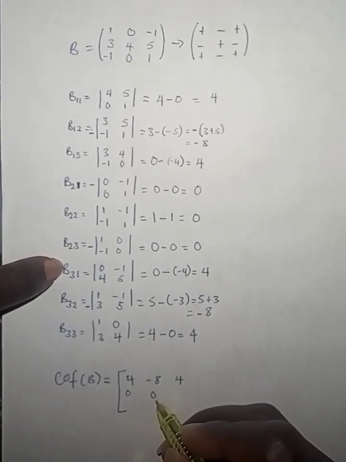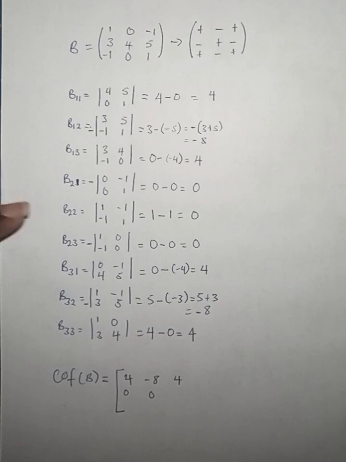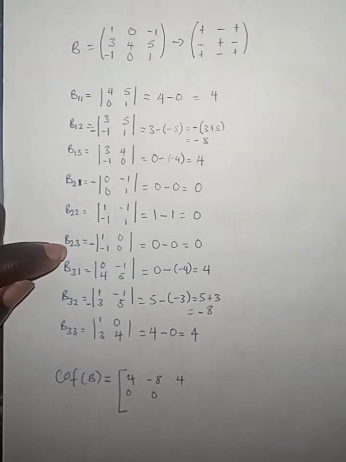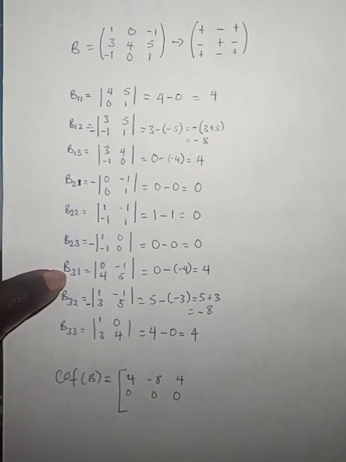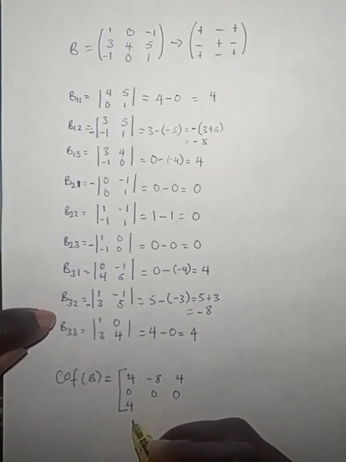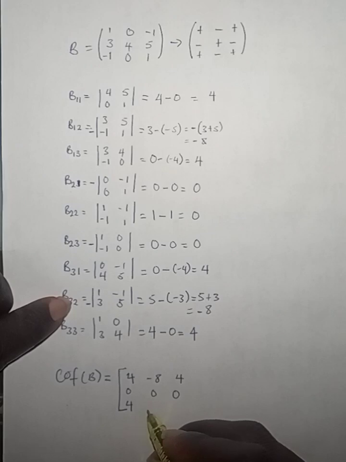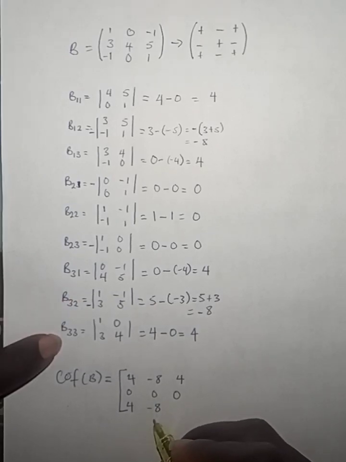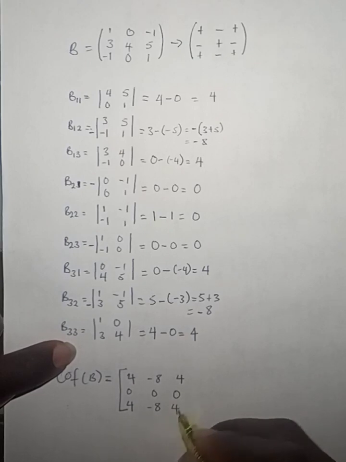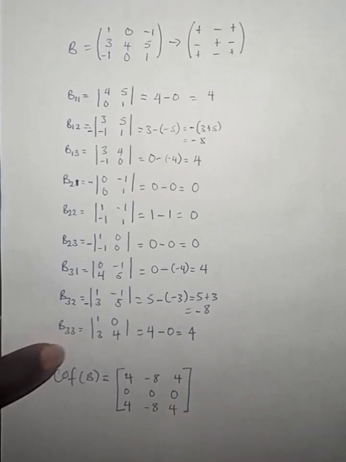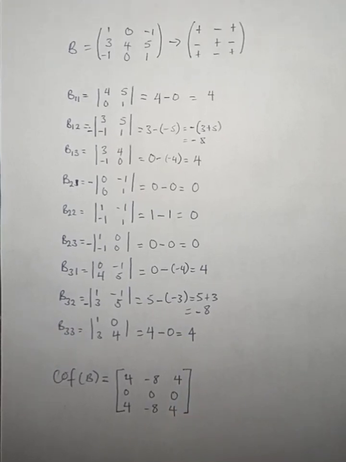Then b23 is 0. b31 is 4. b32 is minus 8. And b33 is 4. So this is the cofactor for a 3 by 3 matrix.